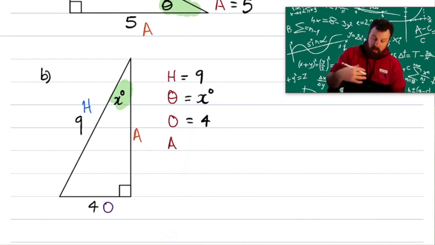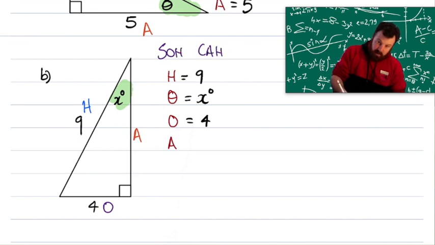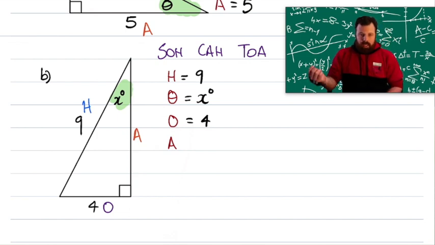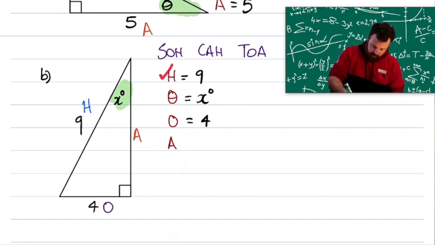Again, now I go back to that phrase, SOHCAHTOA. And let's see what we have here. So here, if I look at what information I have, I have information about the H, I have information about the O. Right, so looking up at SOHCAHTOA, which one of those only deals with O and H?